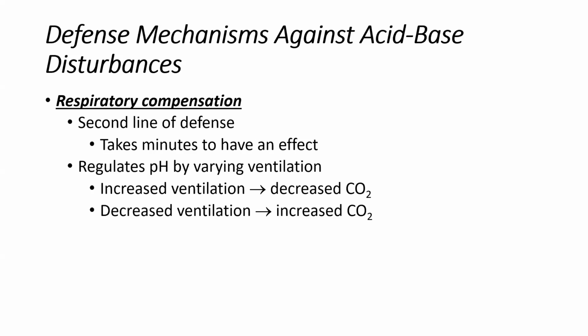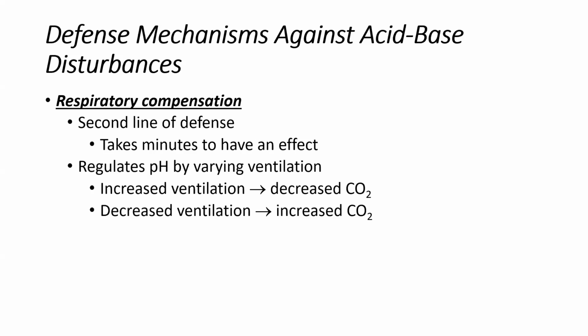And this is brought about by regulating or varying our ventilation. So if we're in a state of, let's say, acidosis, the lungs will kick in and increase the ventilation so that we can increase our rate of breathing and blow off more of that CO2 more quickly, and we can decrease our plasma CO2 levels, which will effectively decrease our acidity in the blood and bring our pH back to normal.